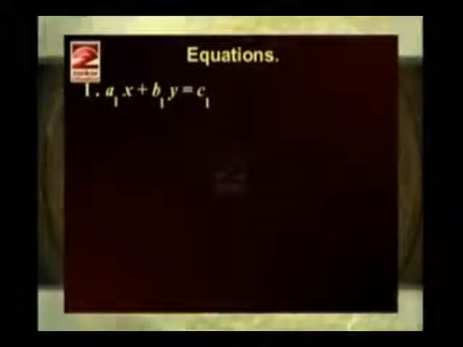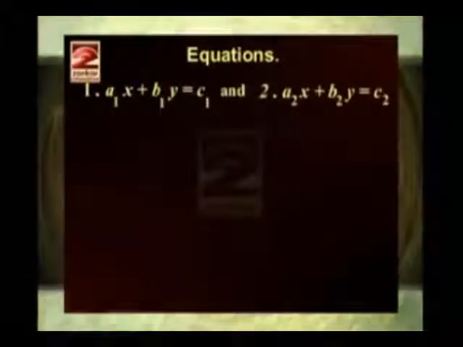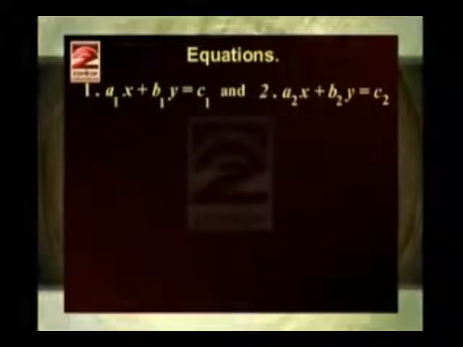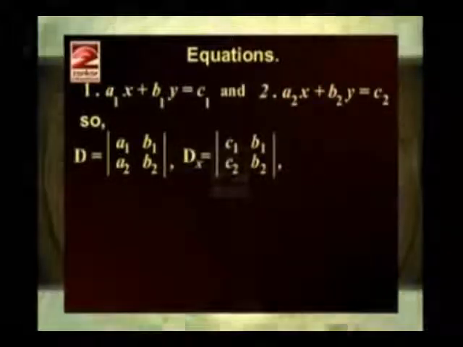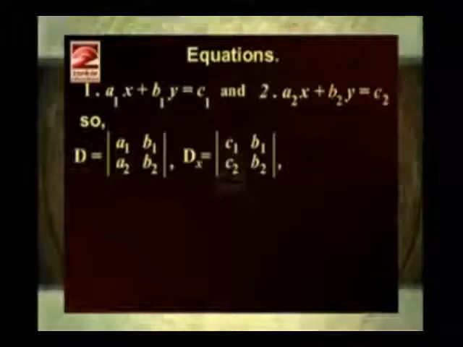So the first equation is a1x plus b1y is equal to c1 and the second equation a2x plus b2y is equal to c2. So, D is equal to the determinant of a1, b1, a2, b2. Dx is equal to the determinant of c1, b1, c2, b2.